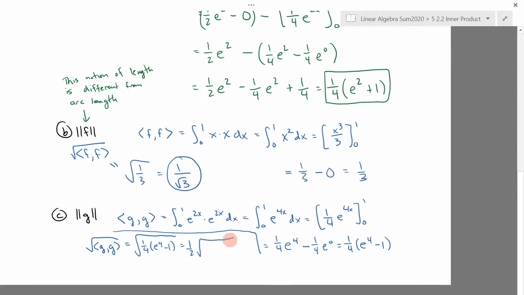So I can write it as 1/2 square root of e to the 4th minus 1. Okay, so this is the length of g. Again, not to be confused with arc length.